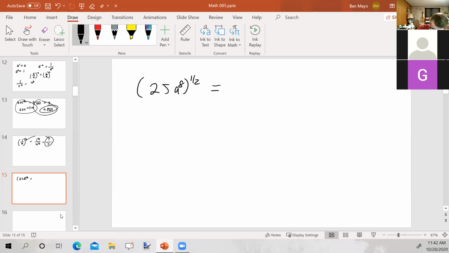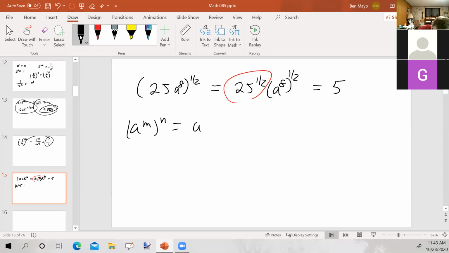Let's see. We've got a product raised to a power. So this would be 25 to the 1/2 power, a to the 8th to the 1/2 power. What is 25 to the 1/2 power? Would it be 5? Right, 5. I just thought of a rule that I didn't cover. If you have a power raised to a power, you multiply the exponents, because that's what's going on right here.